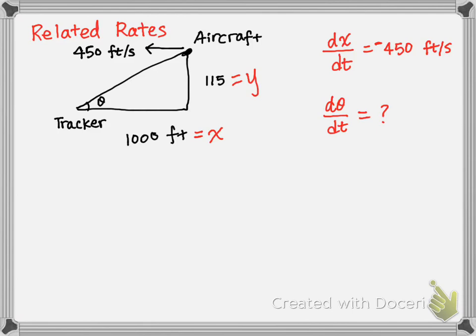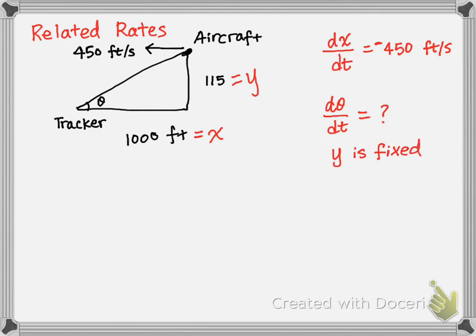Now, something very important that you need to know is what is changing and what is not changing. The aircraft is flying at an elevation of 115 feet, and that is fixed because it's flying toward the tracker. So y is fixed, it won't change.